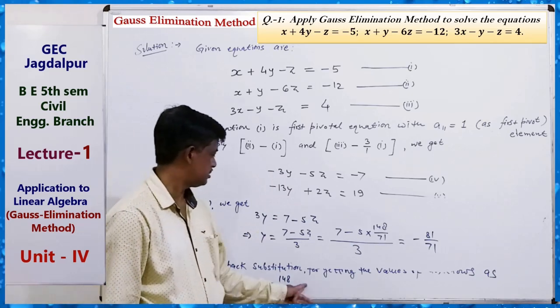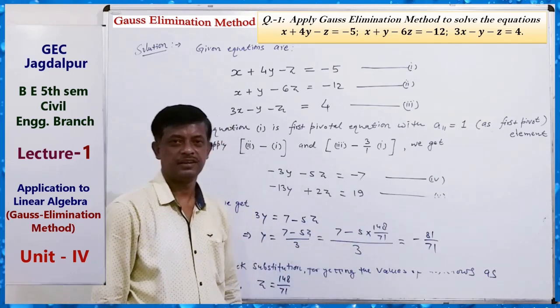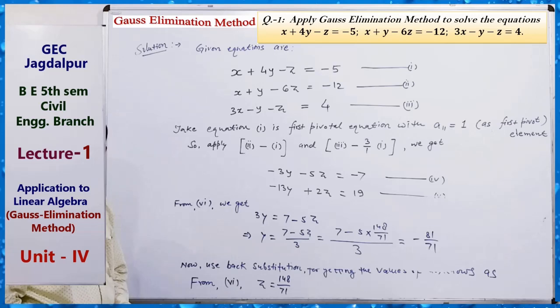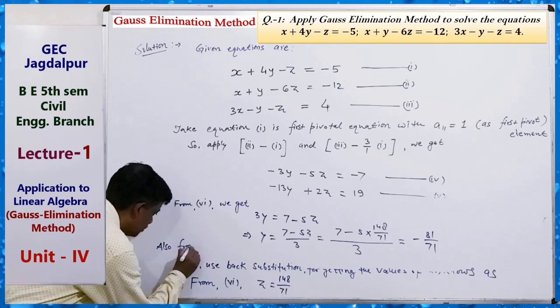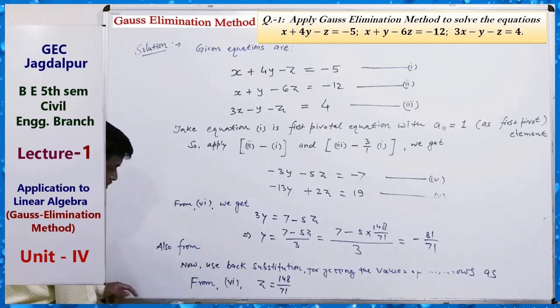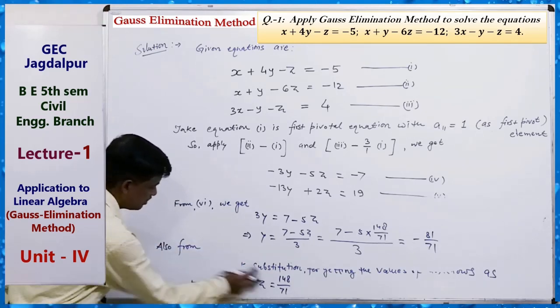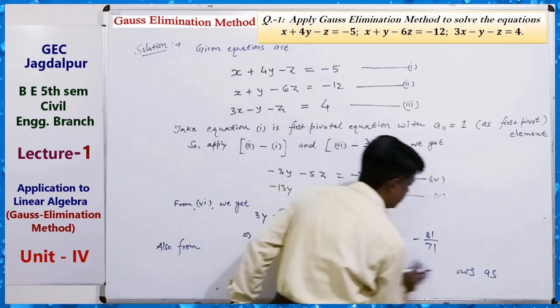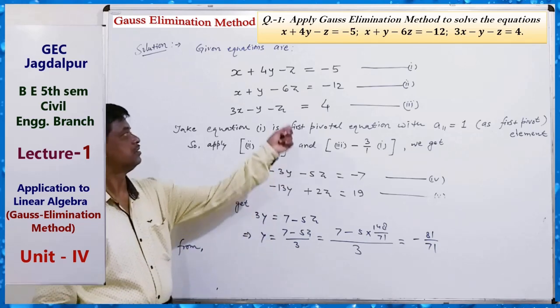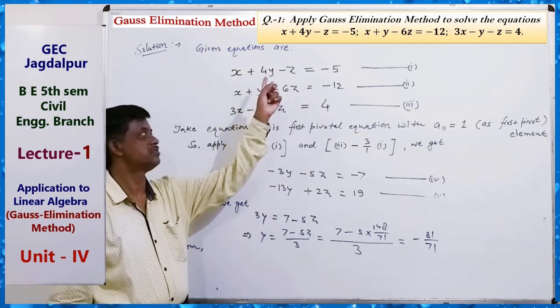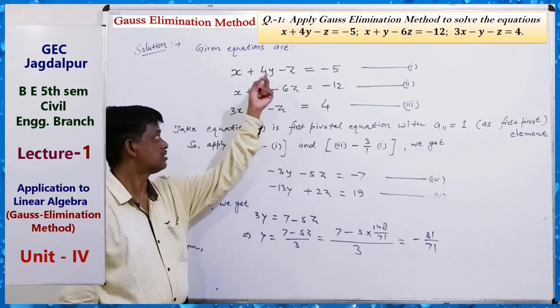This is z equals to this and y equals to this. Okay, now for getting x, after this line, from z equal to 148 by 71, also now use this first equation, because these two equations converted to here. So the first equation is this.